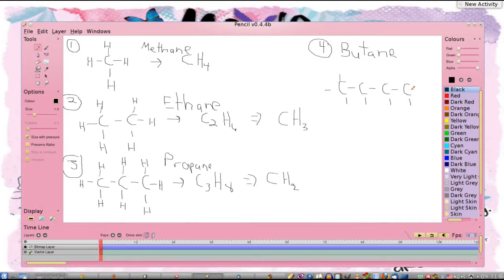As I said, this pattern, the CH3, the CH2 and the CH3, is going to be repeated throughout much of the hydrocarbon chains.